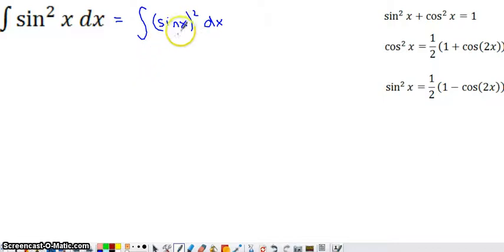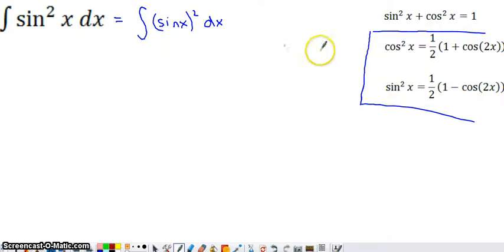Whenever you have powers on sines and cosines, what you're going to more than likely have to do in order to evaluate the integral is use some combination of these trig identities over here. Now, in this case, whenever we have a power that's even and no power that's odd, we're actually going to go with our half-angle identities as opposed to the Pythagorean identity.